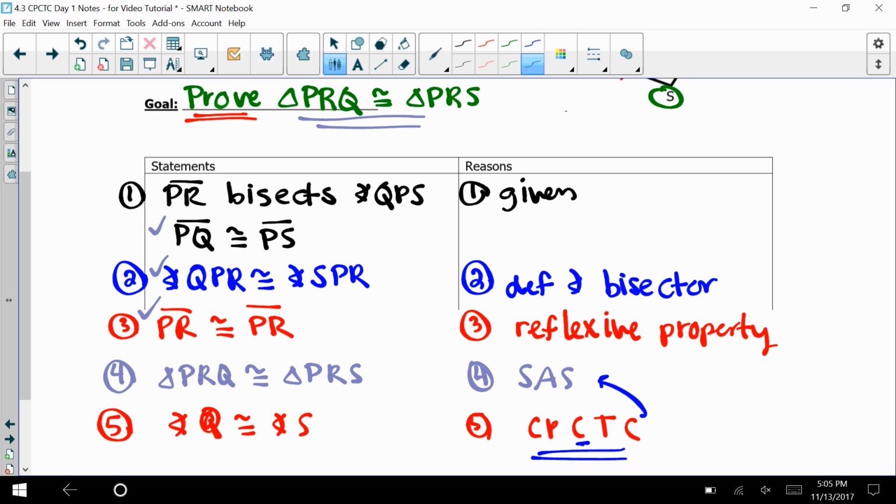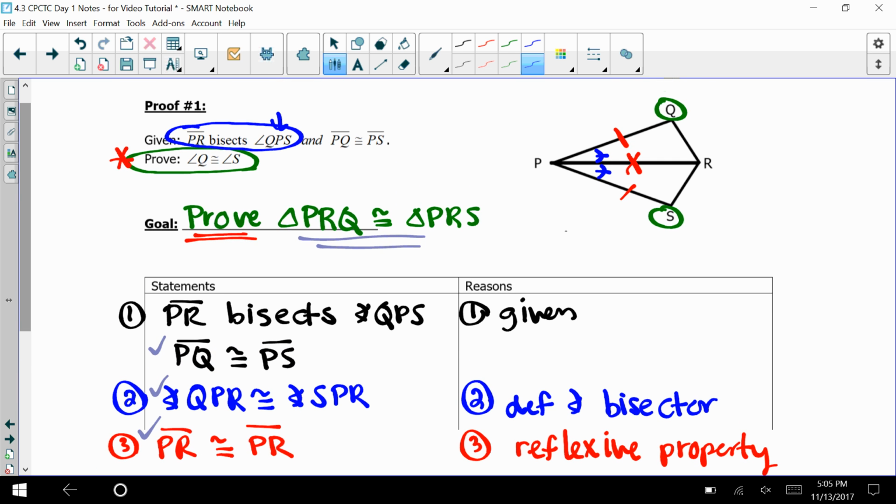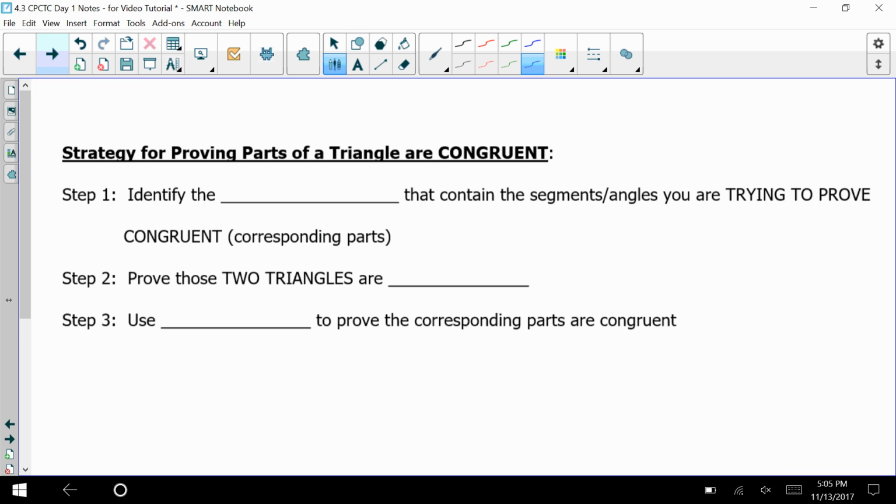So these proofs are a little bit more labor intensive in that you don't know which triangles you have to prove congruent. So as we're looking at these problems, I want you to identify the triangles that contain the segments or angles you are trying to prove congruent.